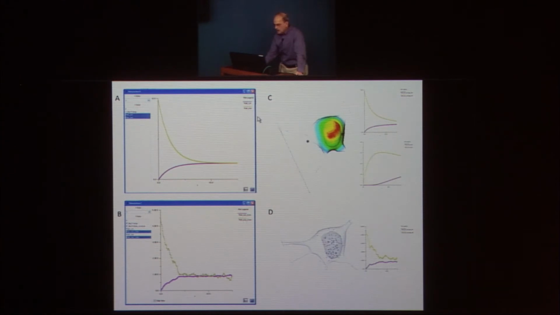We can then apply this physiology to a real geometry. And so this is showing you that we can solve the PDE. So this is a PDE solution. Usually the PDE solution is a little bit different than the ODE solution at a particular point, although it might converge if all of the processes are fast enough.